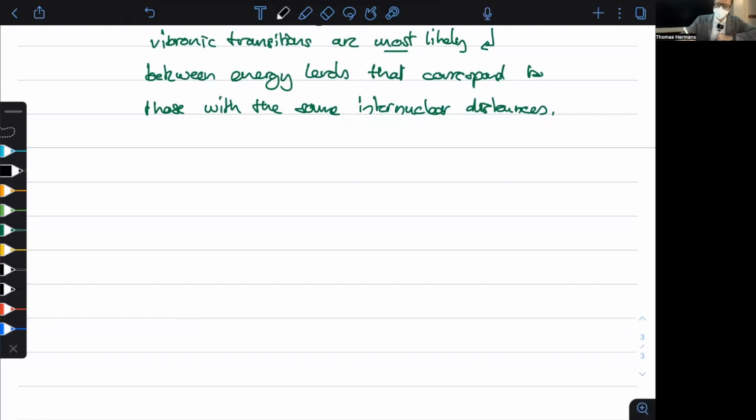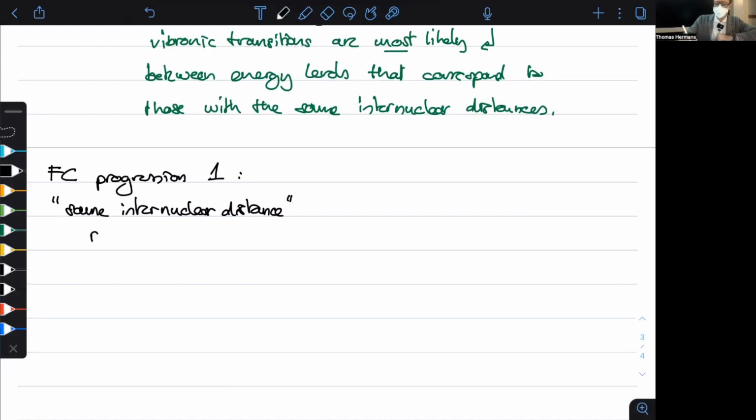So there are so-called Franck-Condon progressions. And the first one, we'll call it the same internuclear distance.